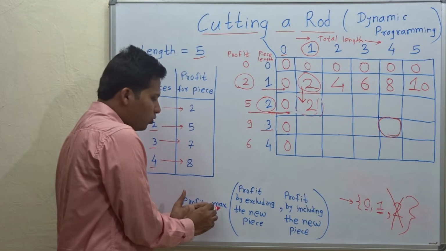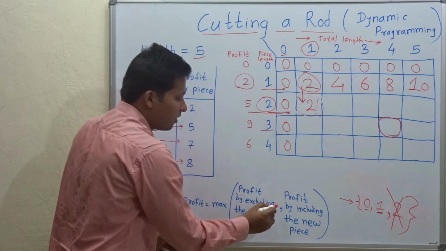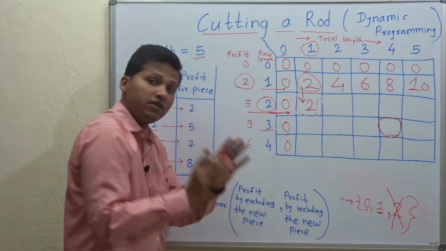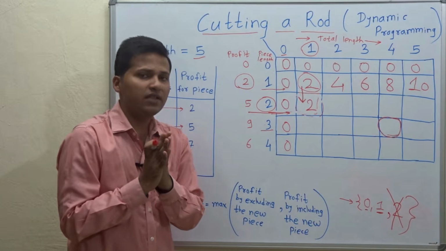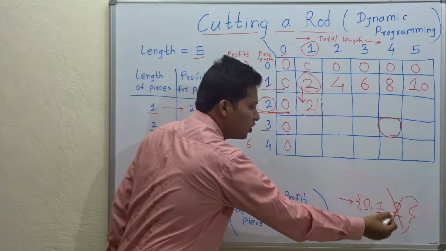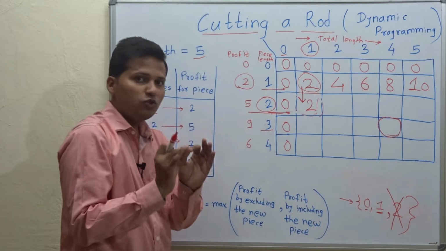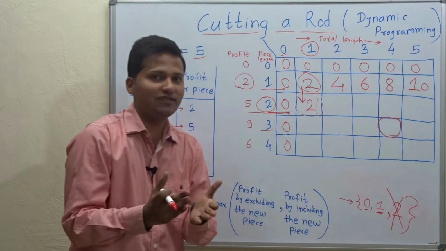Profit is equal to max of profit by excluding the new piece, comma, profit by including the new piece. In some cases it may happen that by including this new length you may get less profit than by excluding this new length.